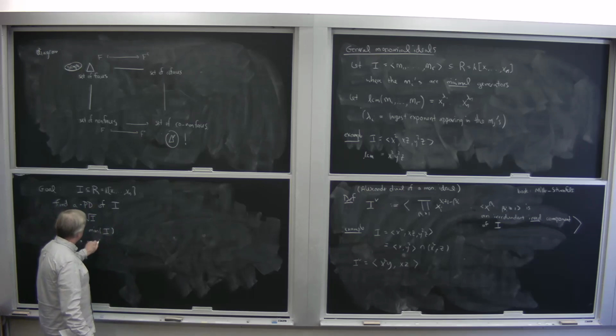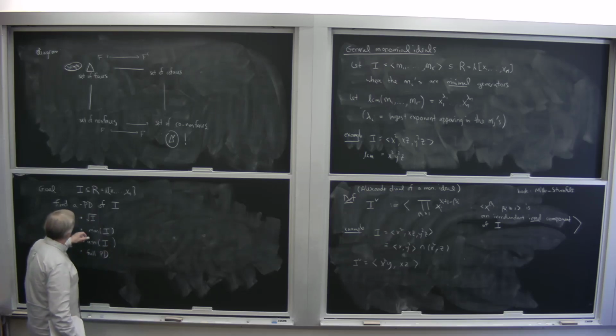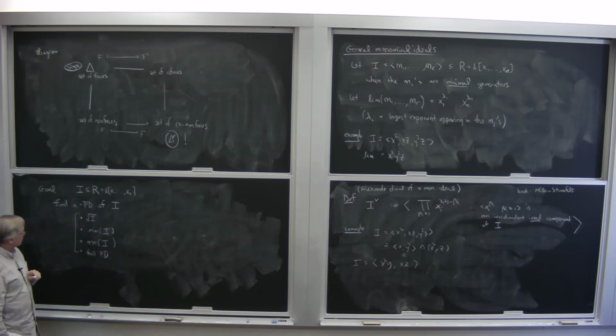You might, though, want the set of associated primes of I, or you might want the full primary decomposition. It's rare that you actually really need this, so that's why I'm bringing this up. But we want ways of computing all of these four things.